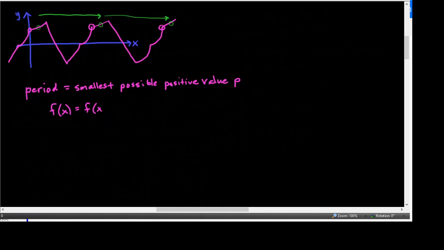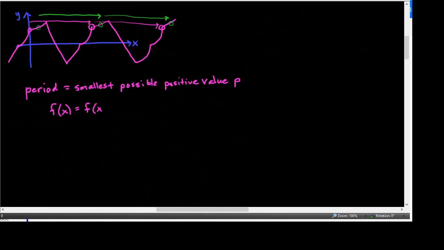And it doesn't matter what initial point you started with, that distance is the same length here in pink as it is in green. Those horizontal distances between subsequent occurrences of this same value in the same pattern, that's what we call the period.